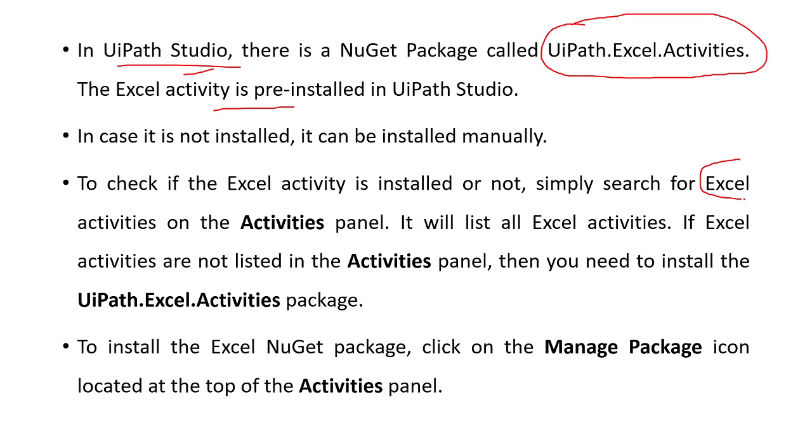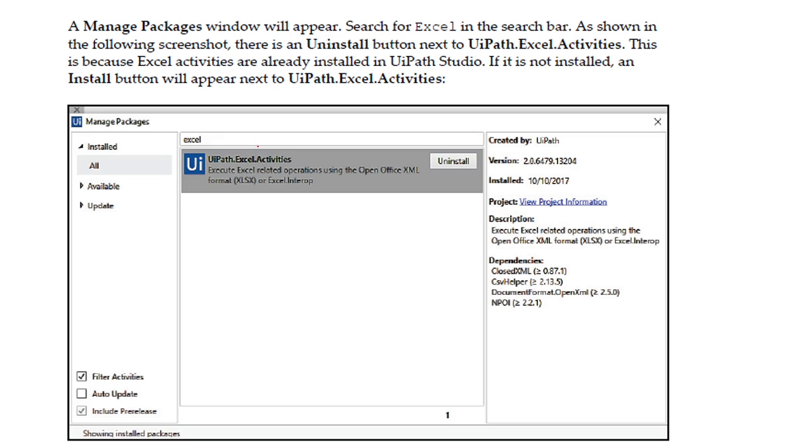Use the keyword Excel and type it in the filter box in the activities panel. If you find Excel related activities, then you can say that your UiPath Studio has been configured with the Excel activities. Otherwise, go to the manage packages icon. Use the search filter here, type the keyword Excel and see what you get as a result.